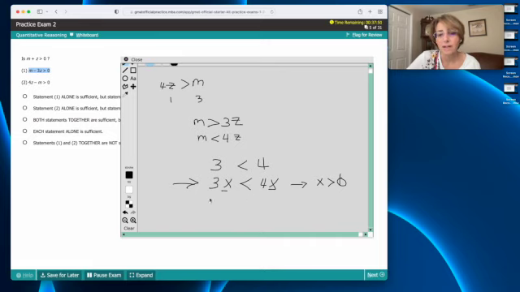If I tell you 3x is greater than 4x, well, 3 is always less than 4, but the minute I multiplied it with x here, the sign flipped. So it means x must be a negative number. Basically in inequalities, when you multiply by a negative, you need to flip the sign.